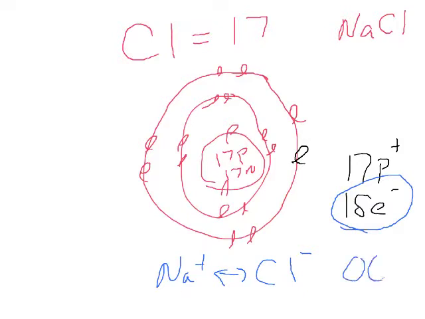And now we have the 2. This is sodium. This is chlorine. They are attached because of the charge. It's an attraction. The electrons in an ionic bond are given away. There is no sharing of electrons.